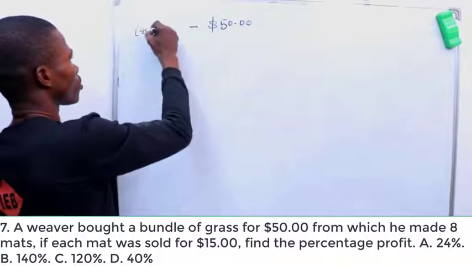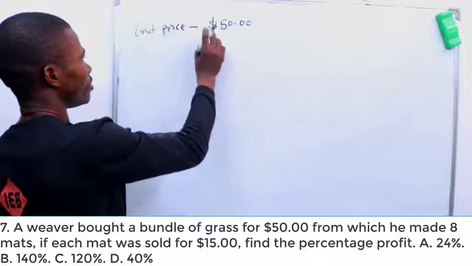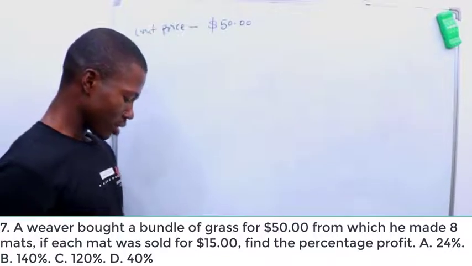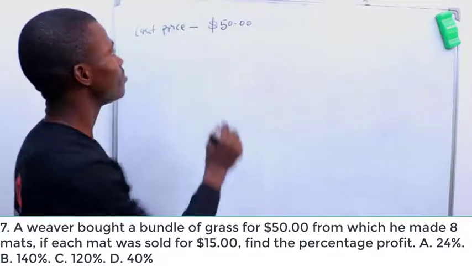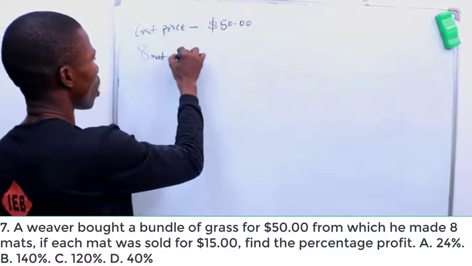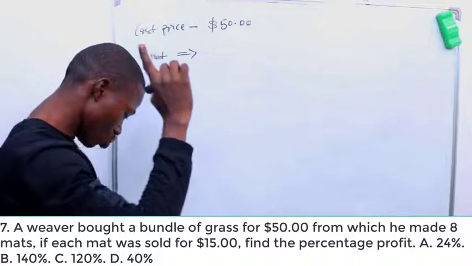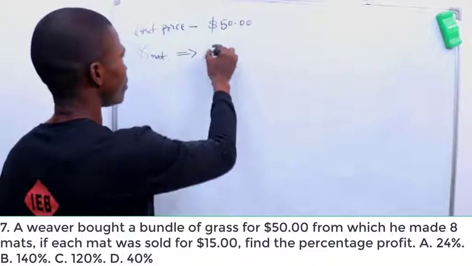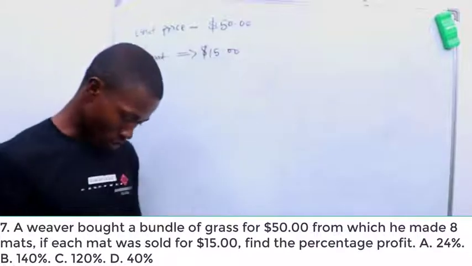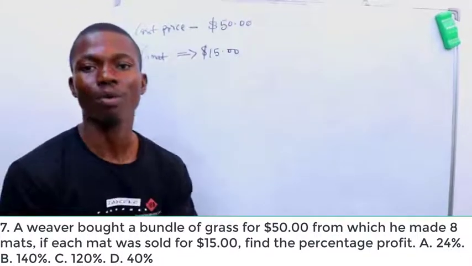He made 8 mats, and he sold one of those mats for $15. Find the percentage profit.